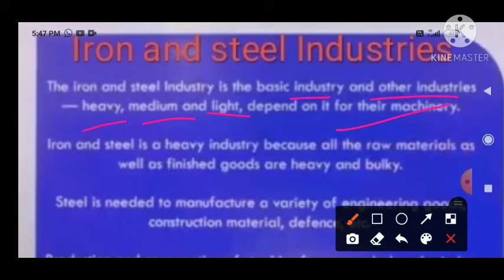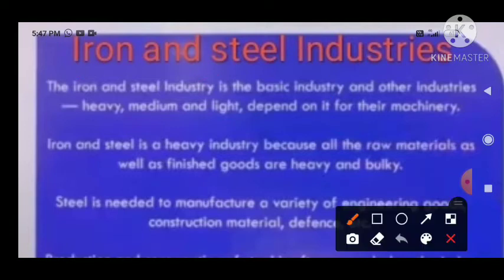Maximum products are made from iron and steel. So this is the backbone, the basic industry, of all those heavy, medium, and light industries. All the machineries depend on the iron and steel industry.